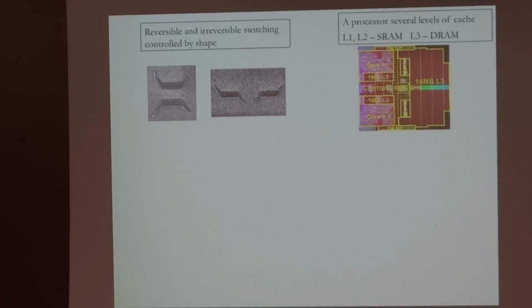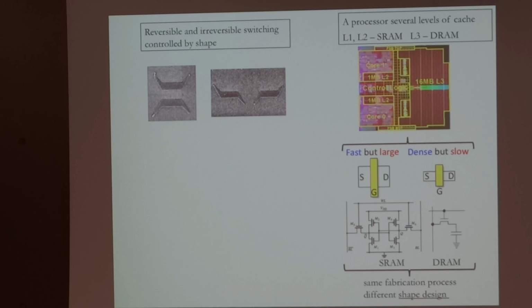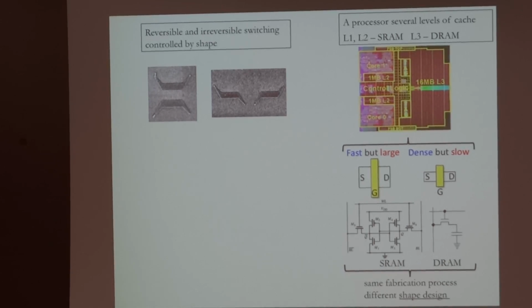A microchip is composed of many elements, including logic parts and different memories. And they are all made of transistors and interconnects. And the only thing that differentiates these is the shape. Some of them are larger, some of them are smaller, denser, or faster, but ultimately it's a design process where you draw shapes that differentiates it.